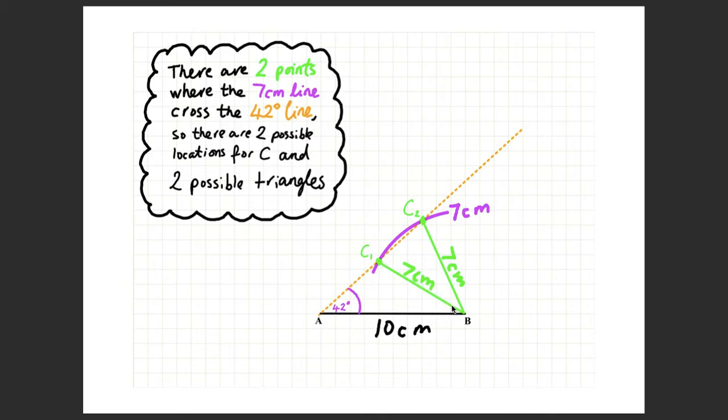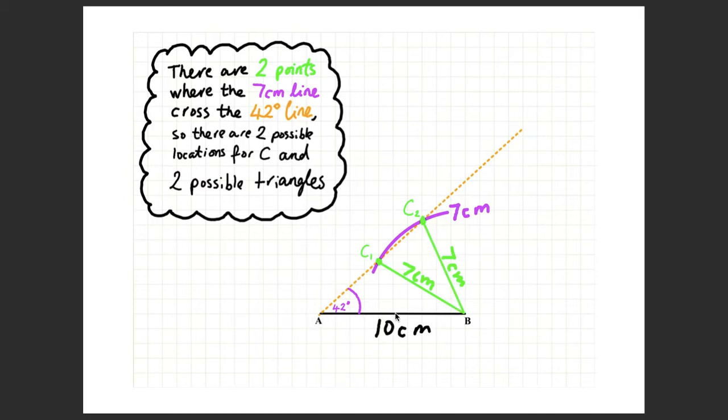You could construct it like this one I'm just highlighting here. So 10 centimeters on the base, 7 centimeters from B to C, and 42 degrees at A. Or you could construct it like the one I'm now outlining.